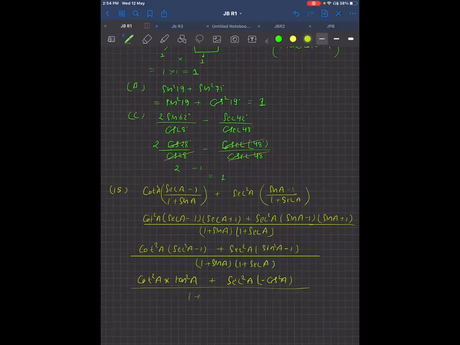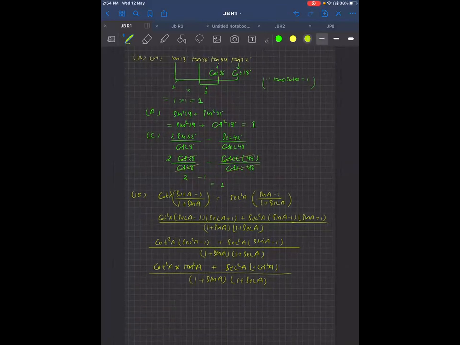Again, the denominator is as it is, 1 plus sin A into 1 plus sec A. Now this cot square A into tan square A is 1. And sec square into cos square is also 1. But minus into plus becomes minus. Plus 1 minus 1. The denominator is again the same, still both factors.